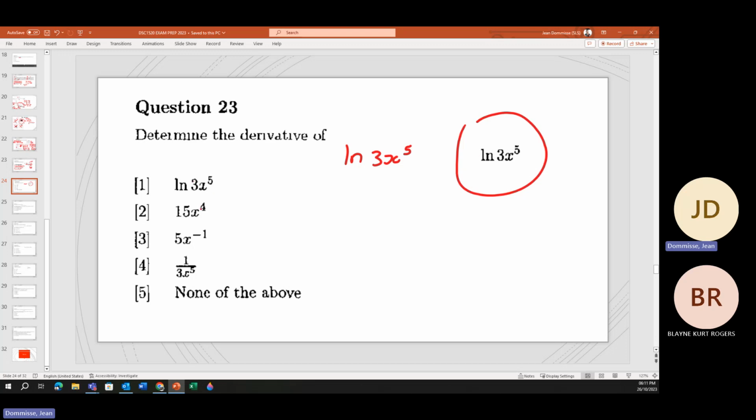And you can see the answers are quite different across the board as well. Okay, so what would you have done in this instance?